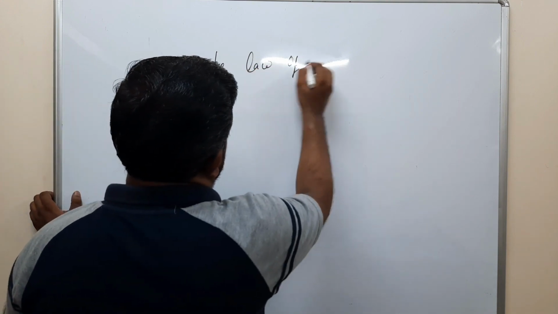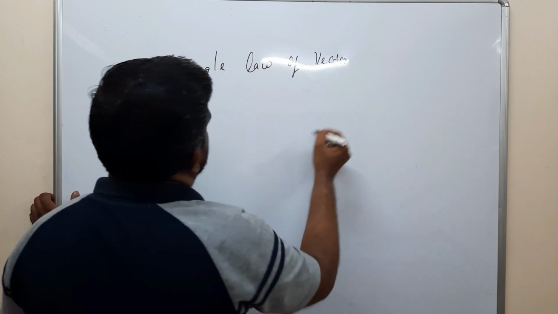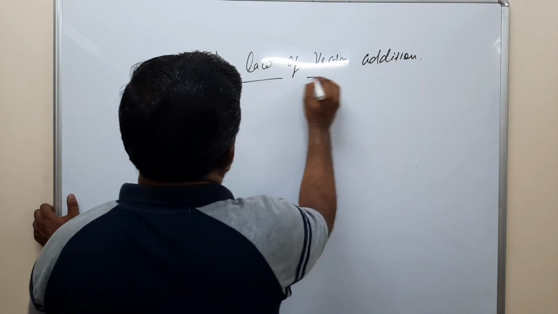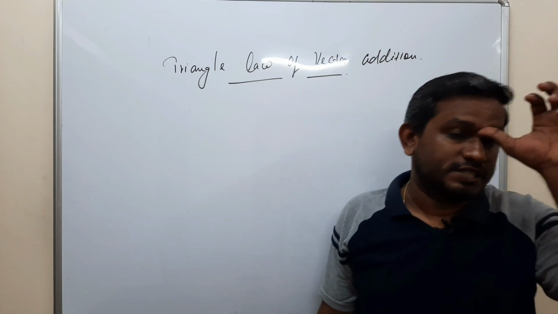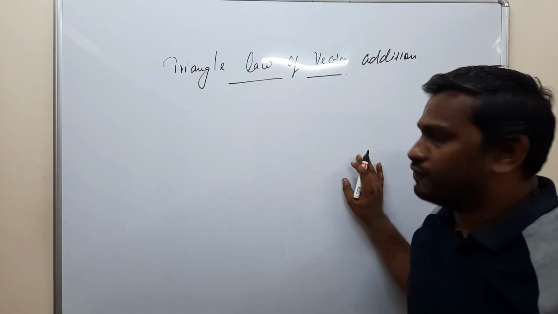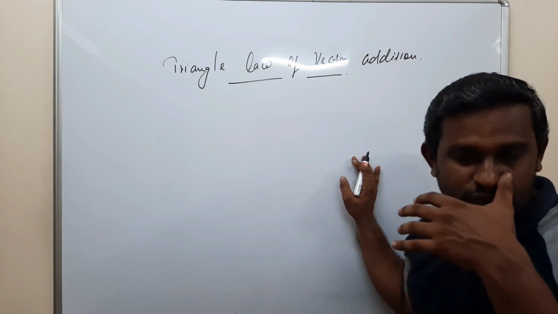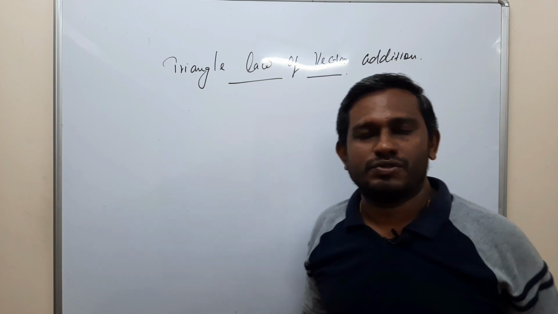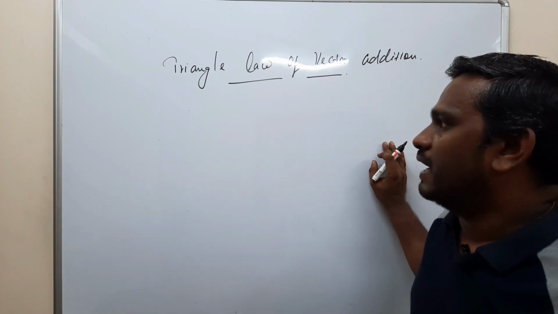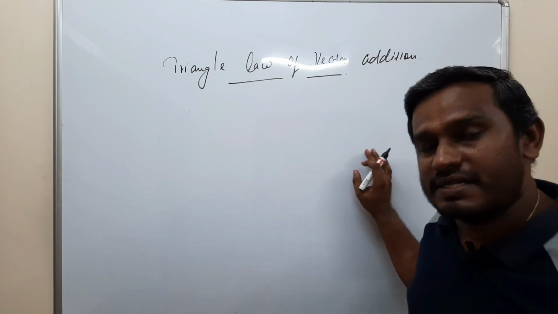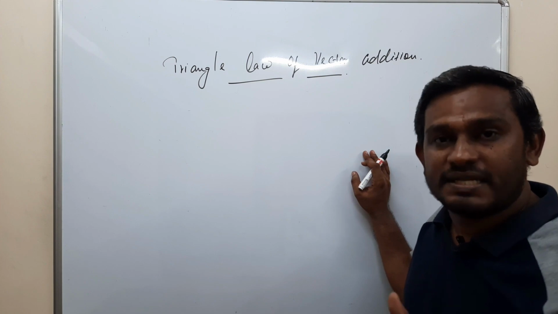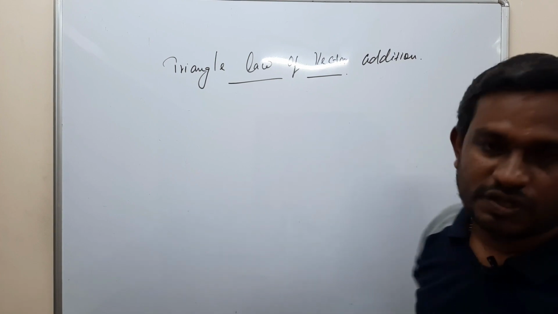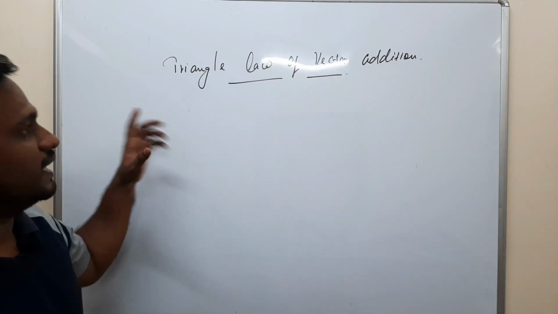If two vectors, both in magnitude and direction, are represented by the two adjacent sides of a triangle taken in the same order, then the third side represents the resultant of these two vectors, taken in the reverse order. That is the statement of the triangle law.